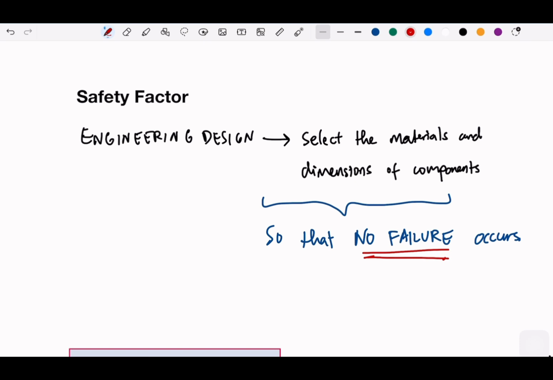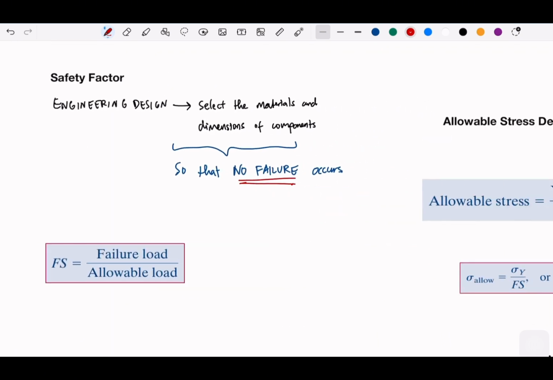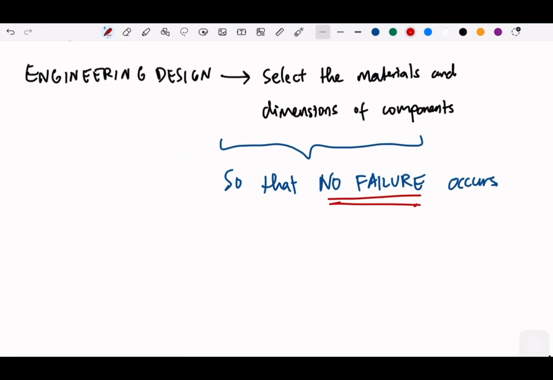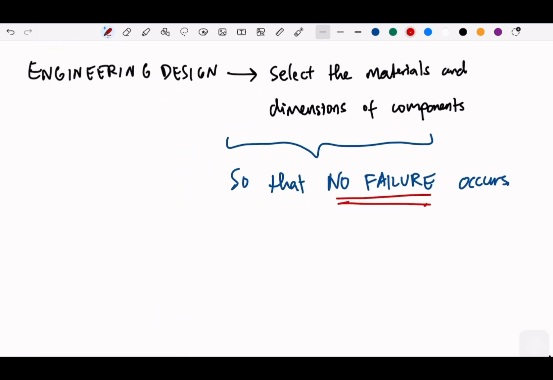So we design both by selecting the materials and measuring the dimensions. So that's the idea for the engineering design. Regarding the failure, it will be related to what we call the modes of failure.